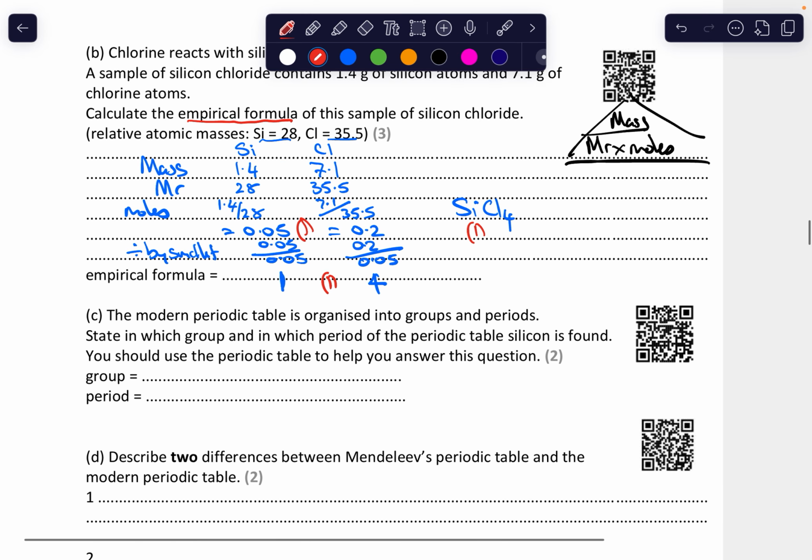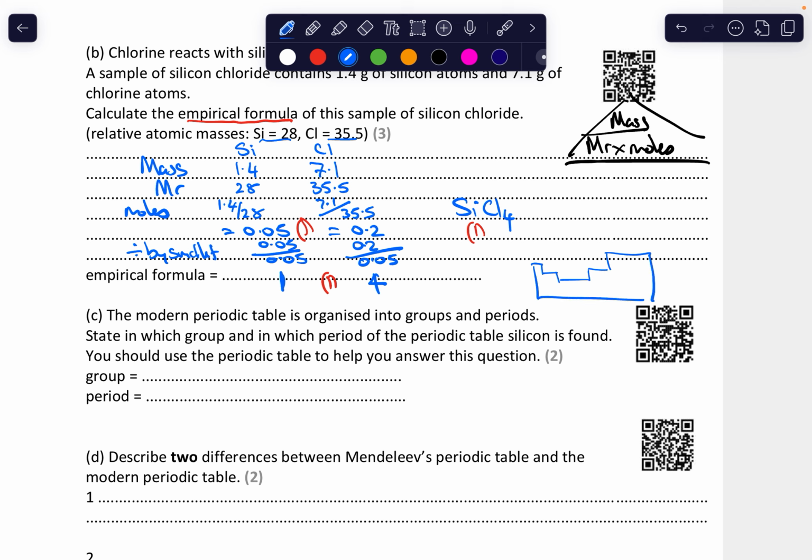Okay, next question. It says the periodic table is organized into groups and periods. We need to tell them which period and which group silicon is found in. So if you go to the periodic table, I'll do a quick little sketch here. There's my periodic table.